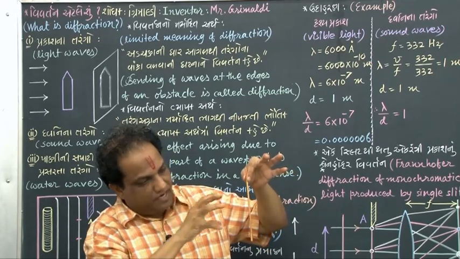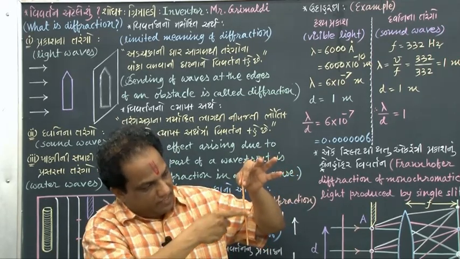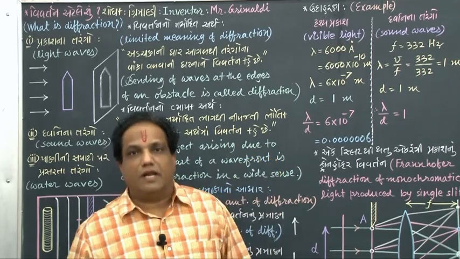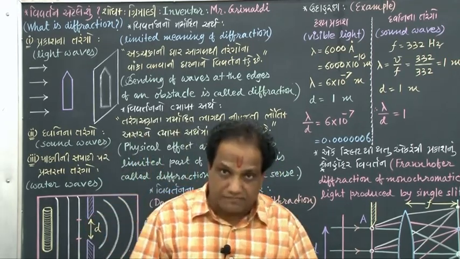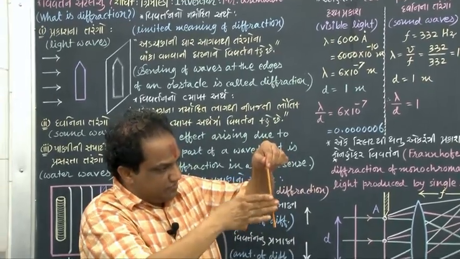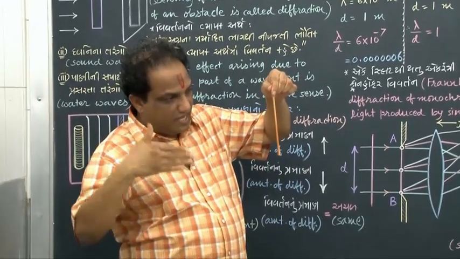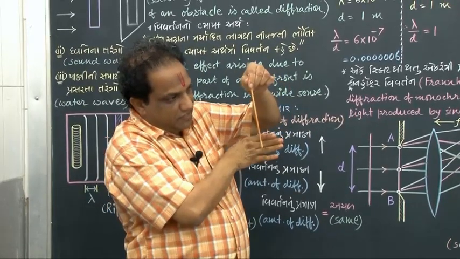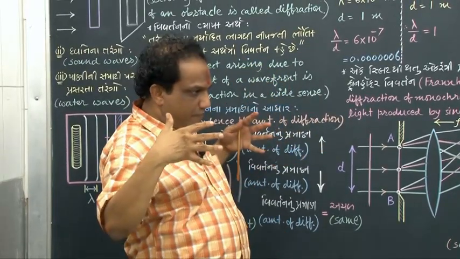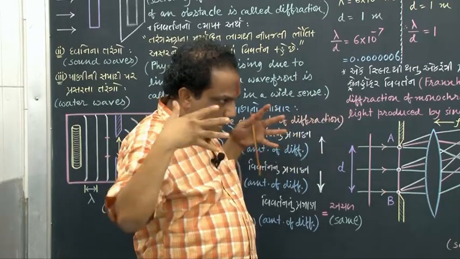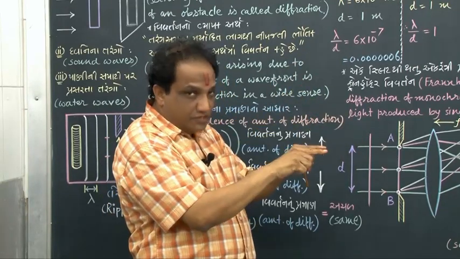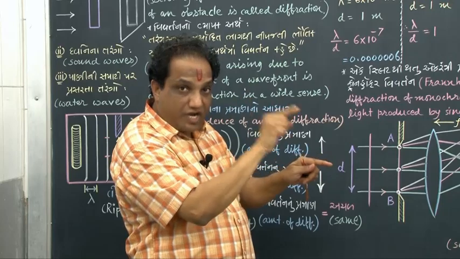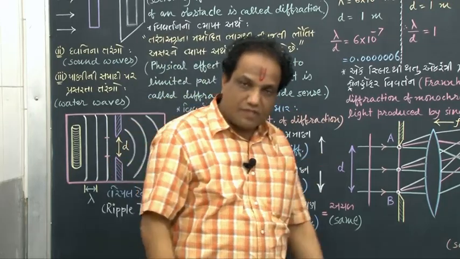Now, when light waves are made incident at the edges of this obstacle, light waves get bent. From this edge, whichever light waves are bending this way, and from this edge, whichever light waves are bending this way, these bent light waves enter that region where we expect shadow on the screen.